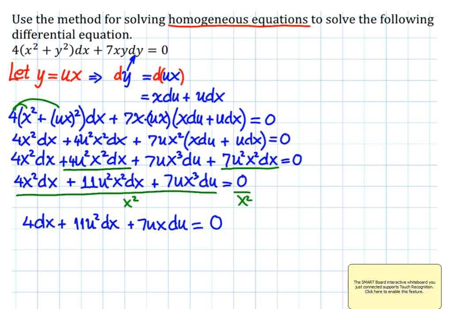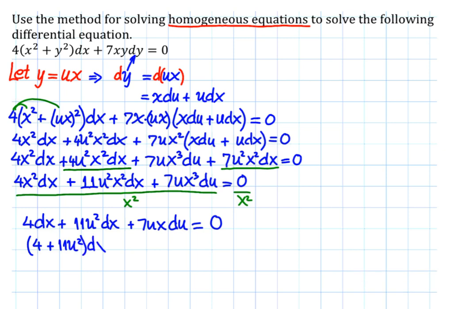So we see that both of the first terms have dx, so I will factor that out, plus 7ux du. This doesn't look like an exact equation, but it is a separable equation. So at least we have that.